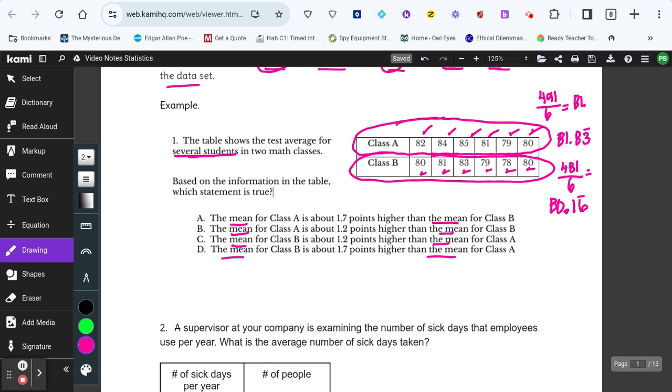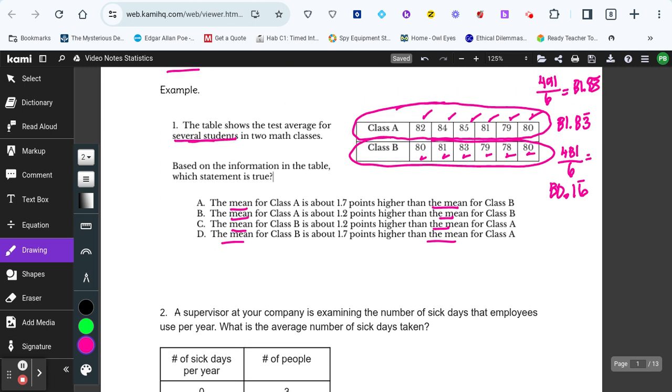So that's 81.83. That's how we got that. So I'm going to subtract those two. So that's 1.67.